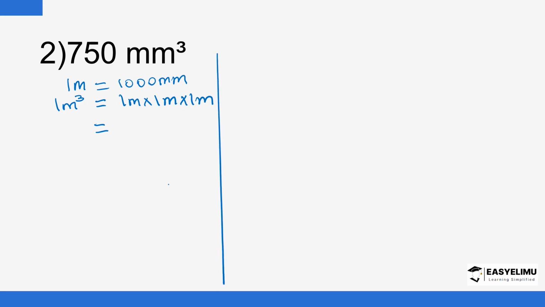Again, we know 1 meter is equivalent to how many millimeters? 1,000 millimeters. Now, because we are converting cubic millimeters to cubic meters, you must know the relationship between them. 1 cubic meter is 1 meter times 1 meter times 1 meter.